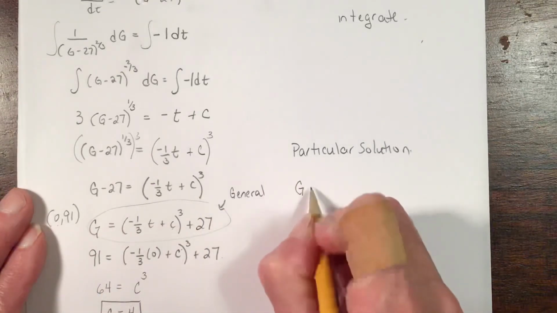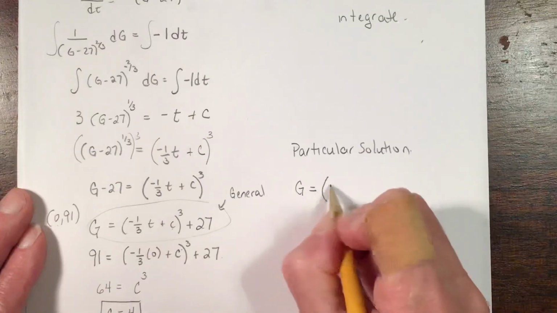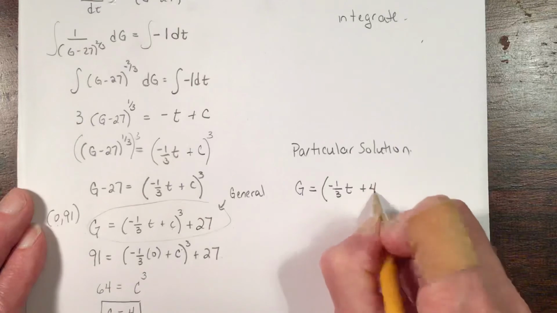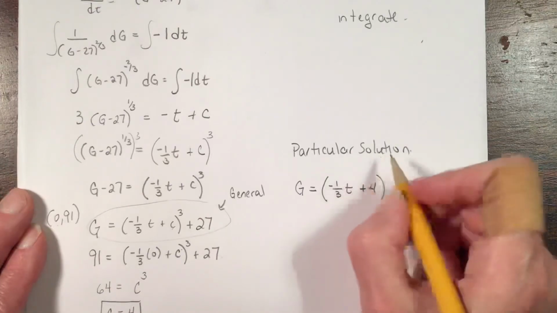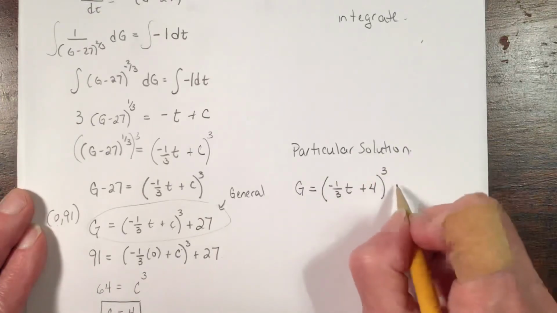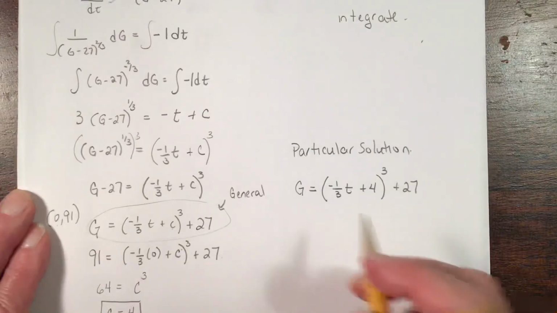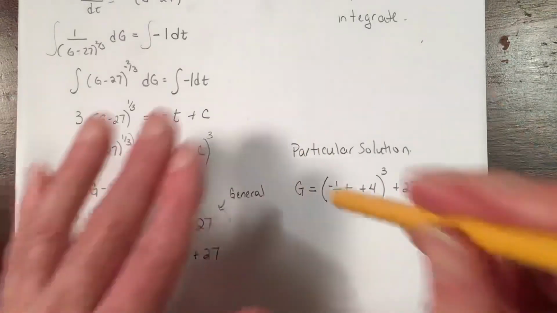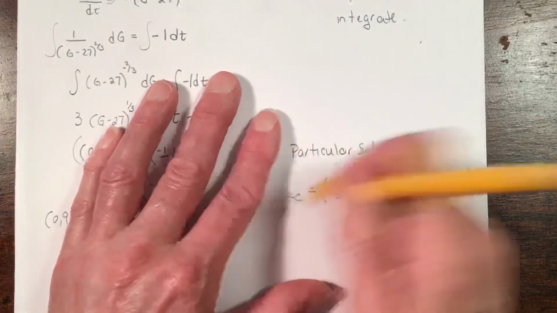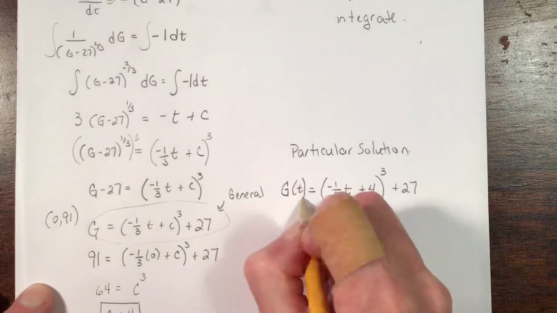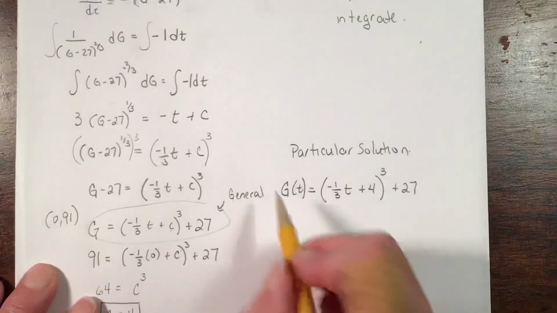So g is going to equal (negative 1/3 t plus 4) cubed plus 27. So this is going to be the expression for g of t, and I guess I should really make this proper notation here. This answers the first part of the question.